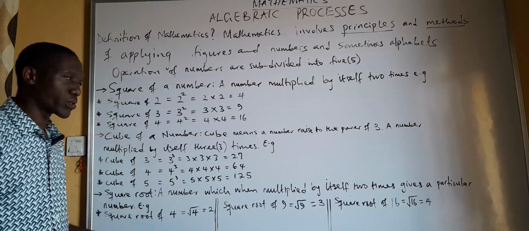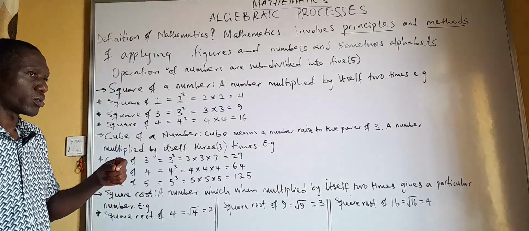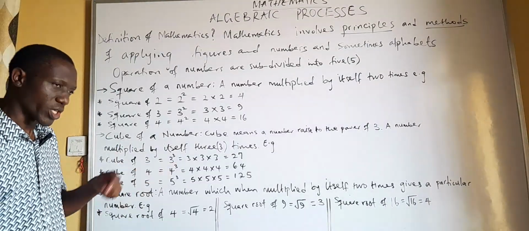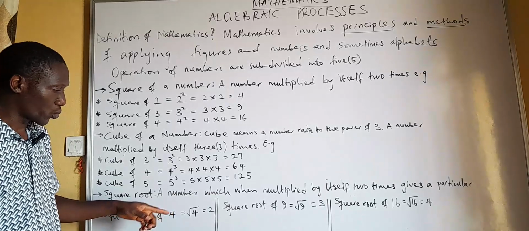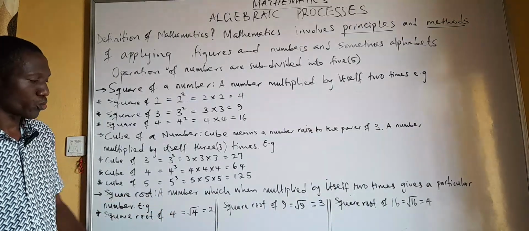Square root of 4 is 2, because 2 multiplied by 2 will give us 4. So we say the root of 4 is 2.